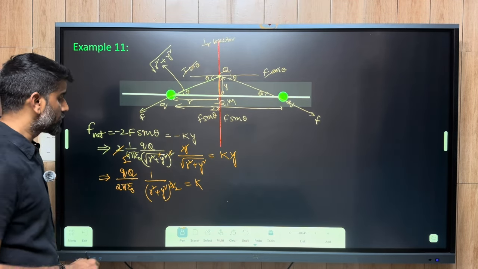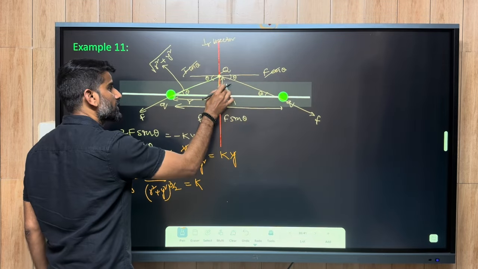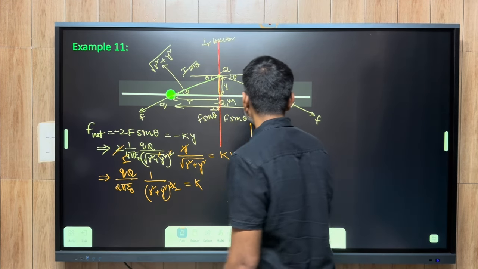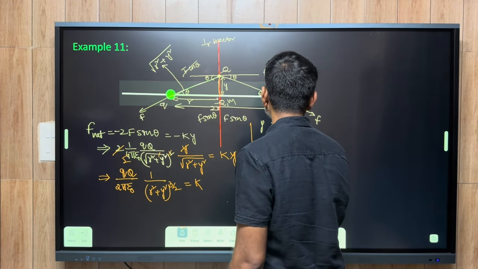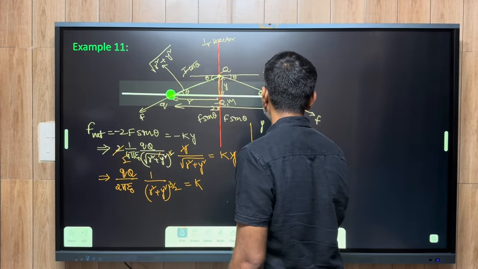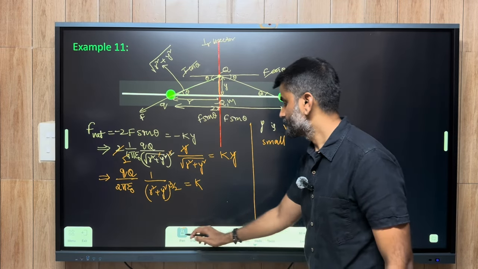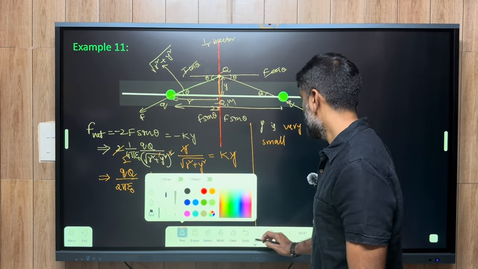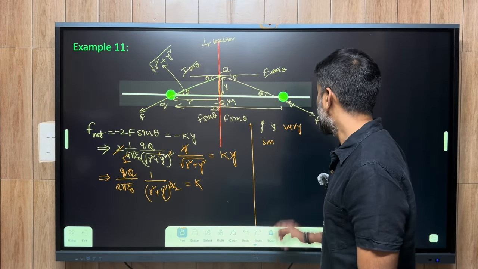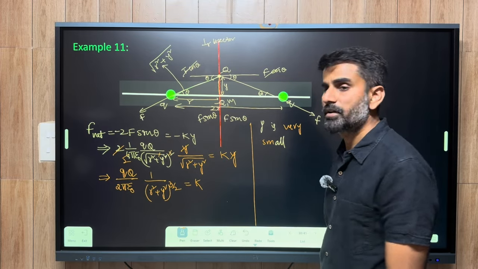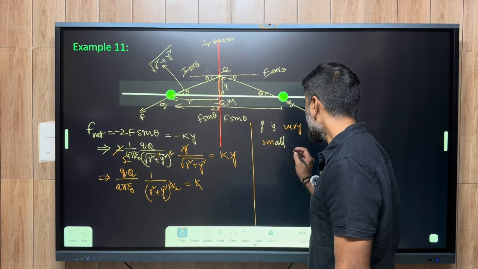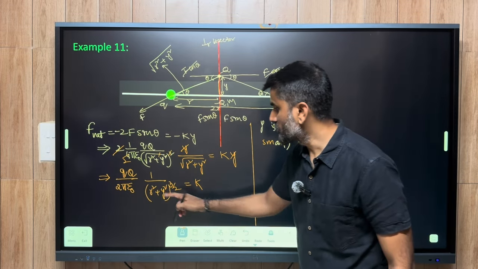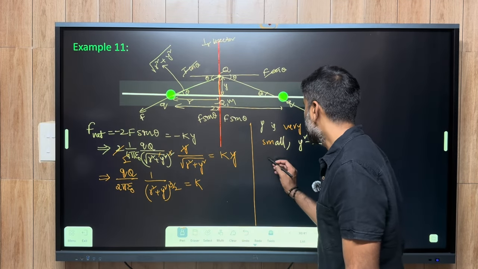As I have already told you, I have displaced the particle very slightly. Y is very small. That means y square tends to 0. Then what are we left with?